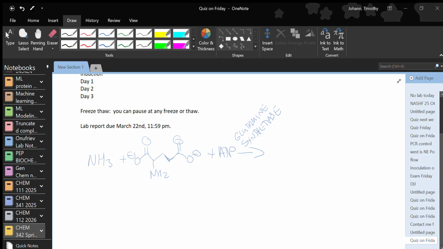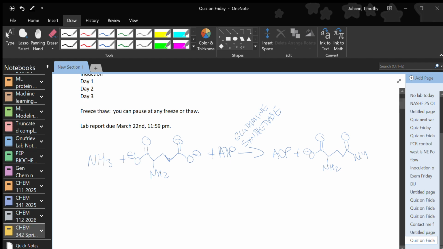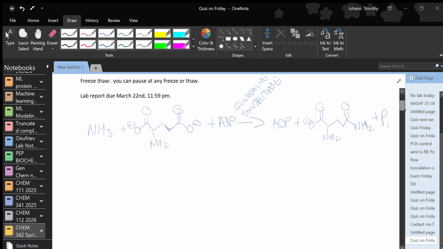So in lab, it's methyl tetrahydrofolate synthetase because ATP is being used. And that's going to give us ADP plus glutamine, and it's not in my notes, but there's got to be a phosphate there as well. Okay, that's the first reaction that the ammonia gets grabbed up by.